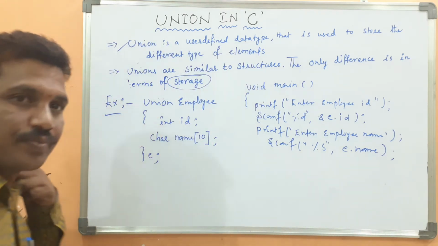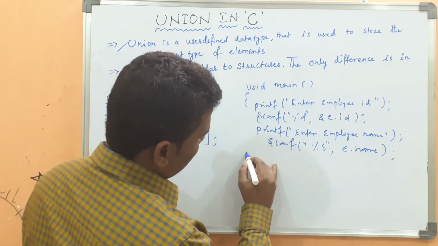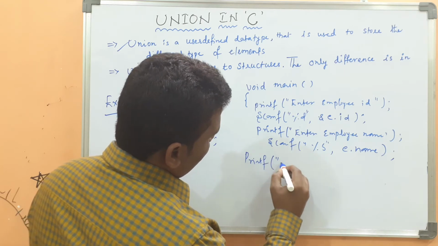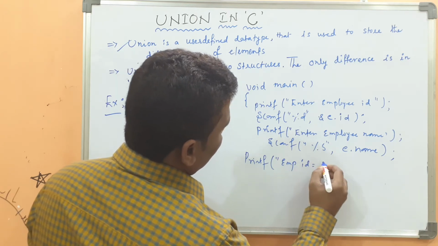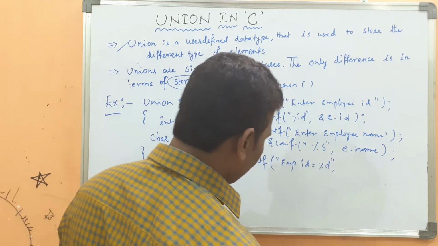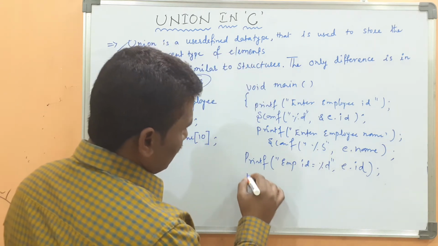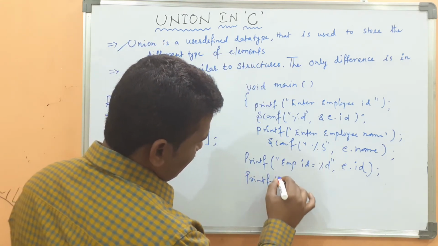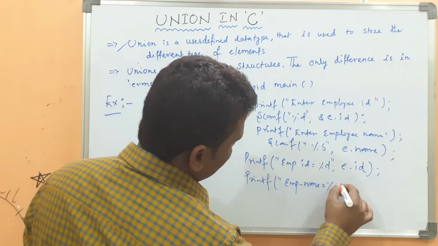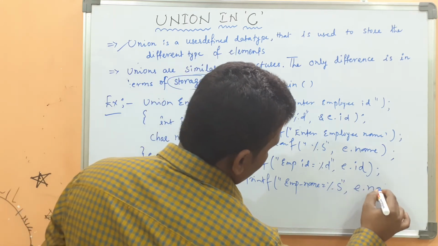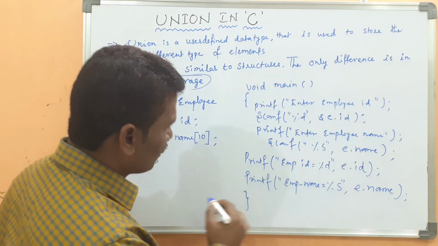Then printf employee id equal %d, then e dot id, then printf employee name %s, then e dot name. Then the main function will be closed.